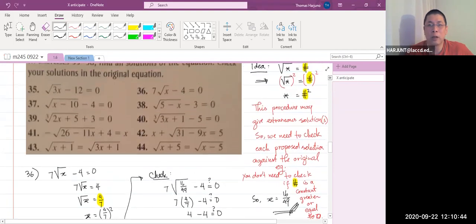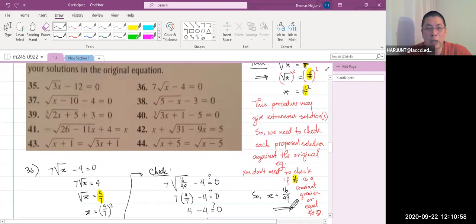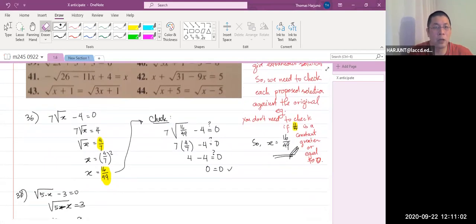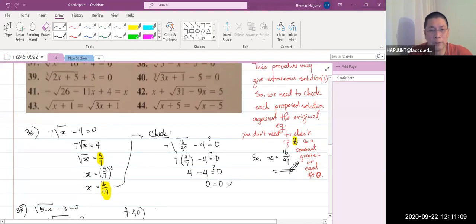Now coming back here, this is actually for nth roots. It doesn't have to be only square roots. An nth root is still the same, but when the index is odd, then you don't need to check. It has something to do with the domain of the equation. For example, number 40: cube root of 3x plus 1 minus 5 equals 0.